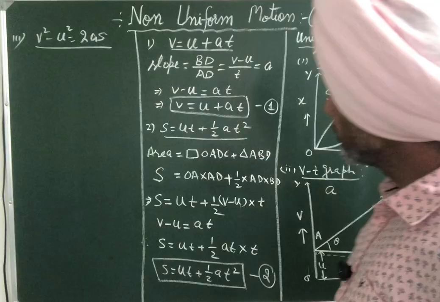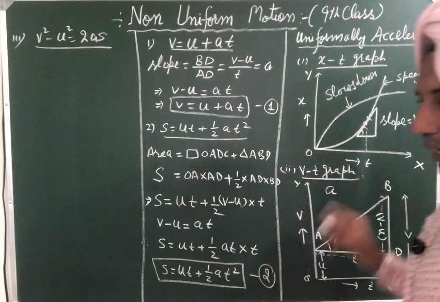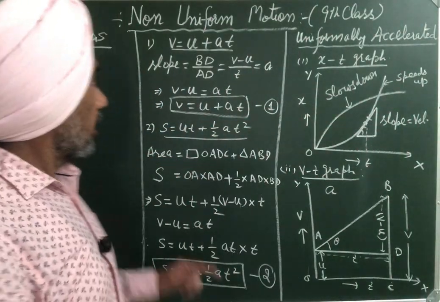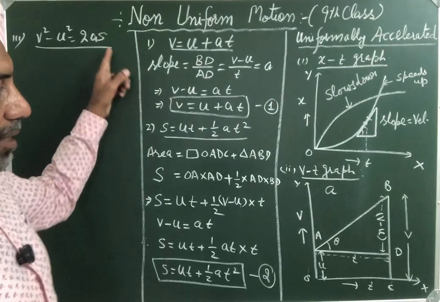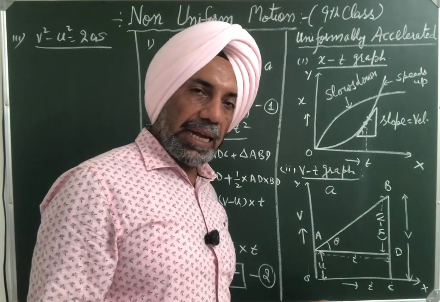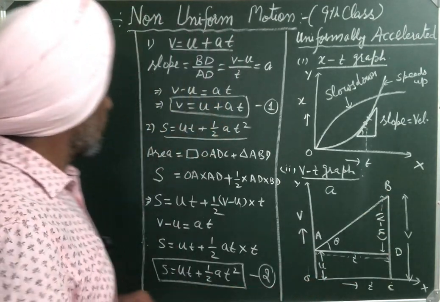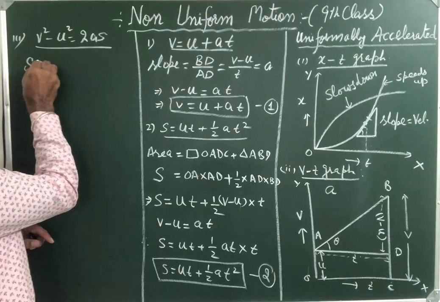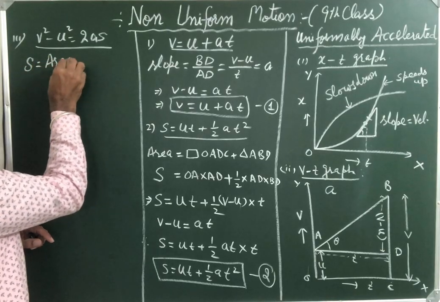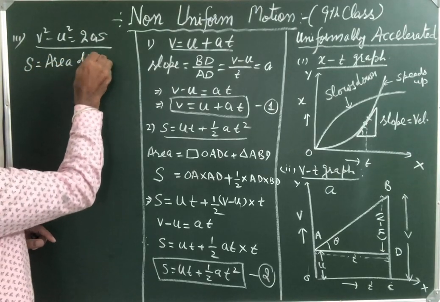What we have to do? Again, this equation involves distance covered. So, again we take area under straight line AB, but now we take area of the trapezium. So, distance covered S will be equal to area of trapezium.